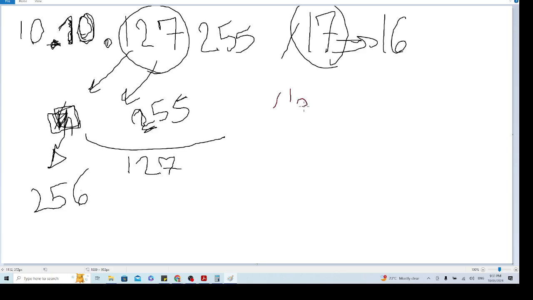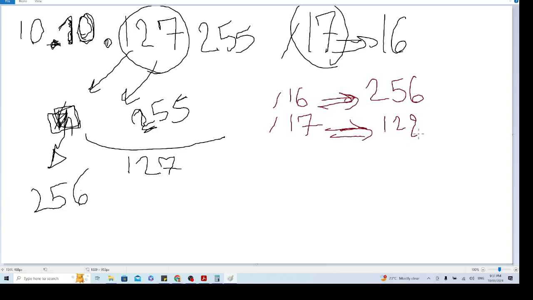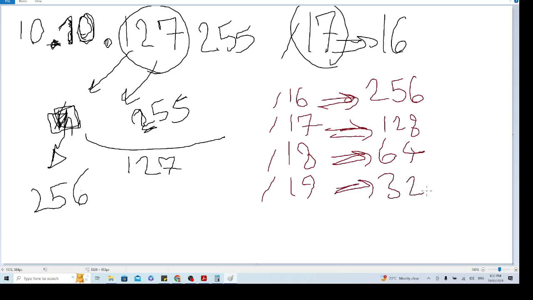Slash 16 maps to 256. Slash 17 maps to 128. Slash 18 maps to 64. Slash 19 maps to 32. Slash 20, and so on you go, 16. And you will go to the end.